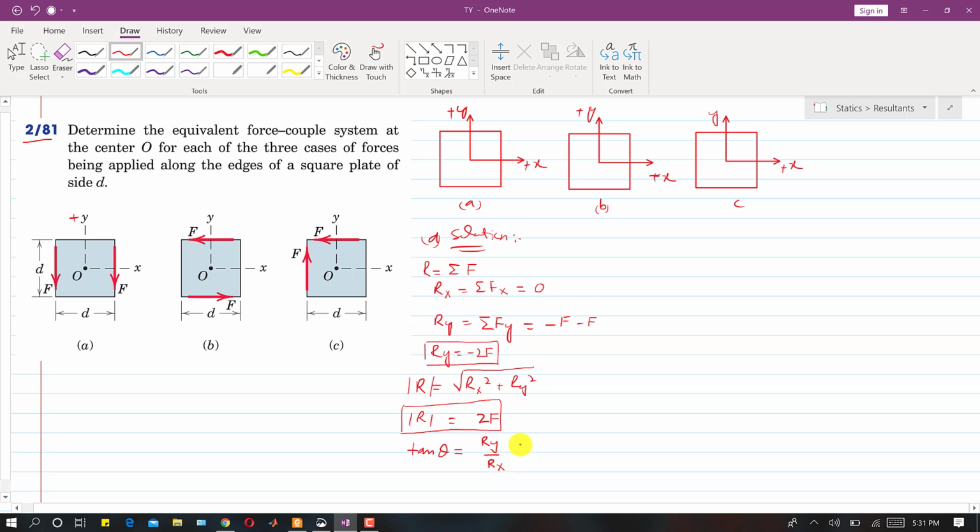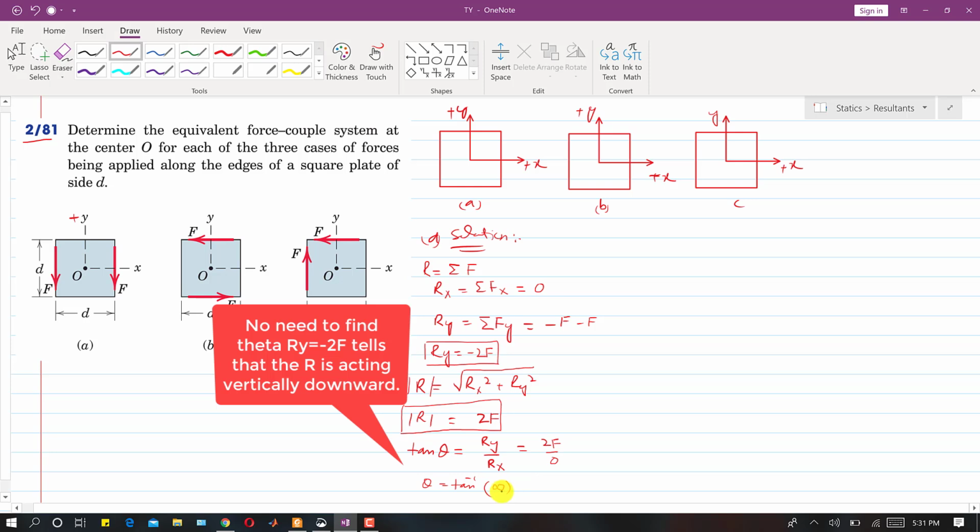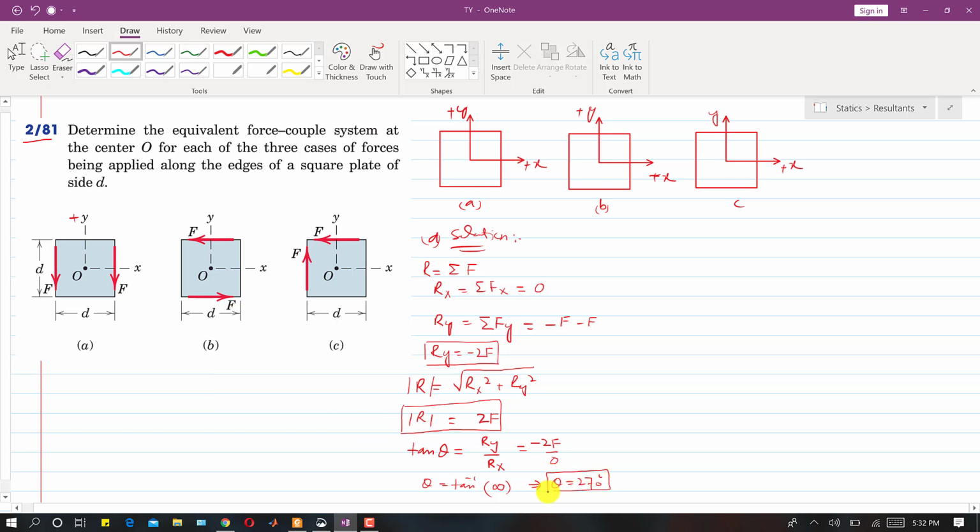Ry is minus 2F and Rx is 0, so theta is equal to tan inverse of 2F divided by 0, which is infinity. Since this is minus 2F, this will give us theta equal to 270 degrees. So theta with the positive x-axis is 270 degrees.